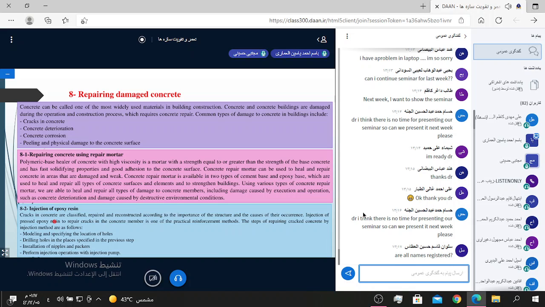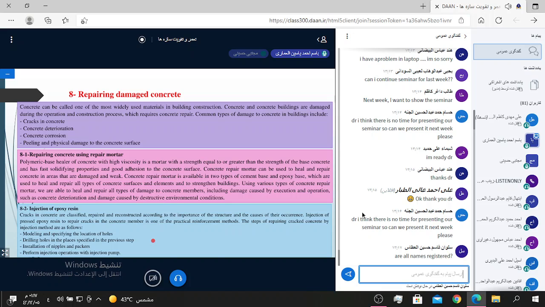Injection of epoxy series for cracks and concrete repair and fixation is important. Injection of epoxy resin to repair cracks in the concrete member is one of the practical reinforcement methods.